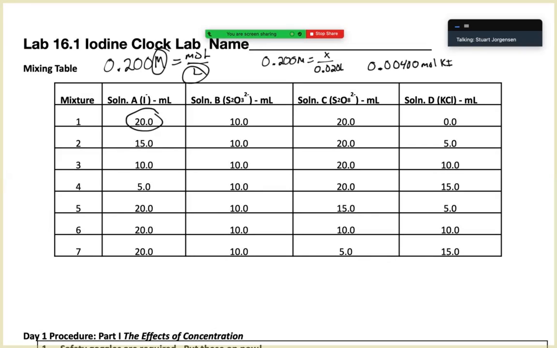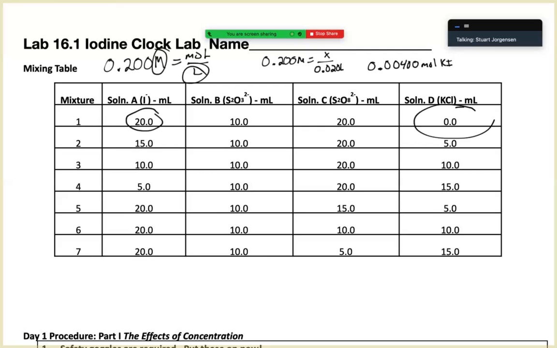And here's the deal. It seems silly that we did solution D, right? It didn't react with anything. The potassium was floating around, the chloride was floating around. What did that solution D do for us? Well, in mixture one, we didn't need it.